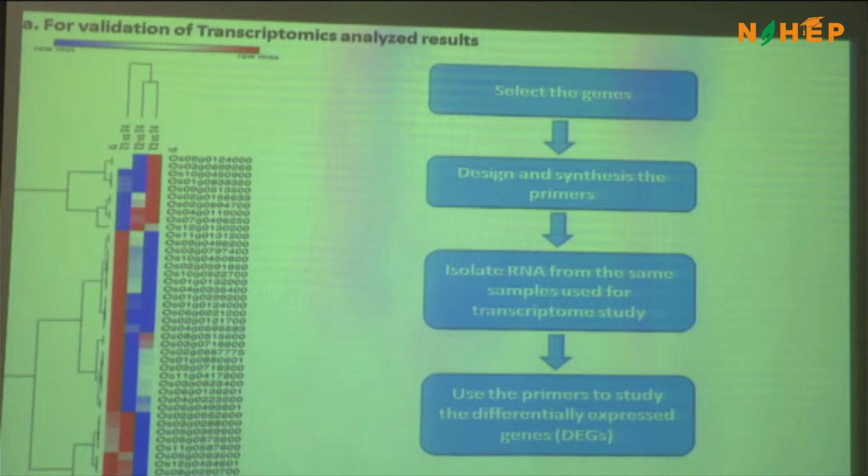We take the top 10 which are positively regulated and the bottom 10 which are negatively regulated or down regulated. We select those genes, then design the primers and get them synthesized. Then we take the same RNA sample which we have sent to the company for outsourcing, and use these particular genes to validate our transcriptome result in the form of log2 fold change.